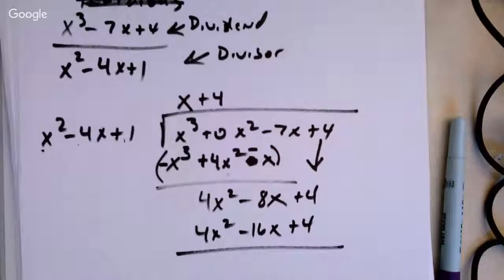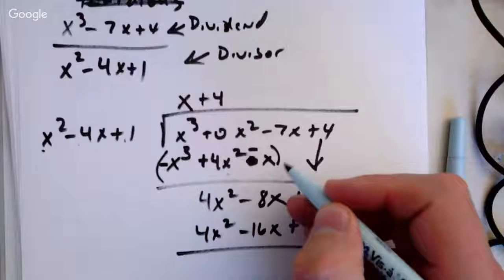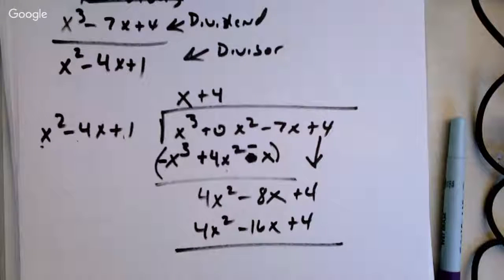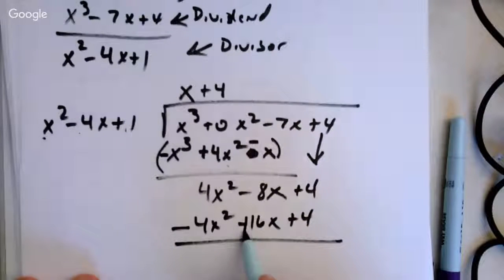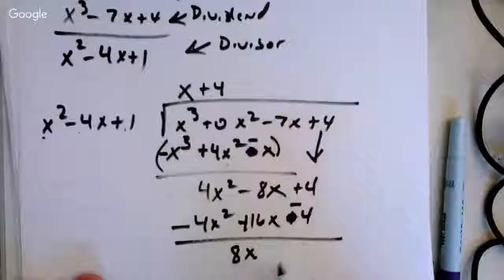Now, why do I hold the places? So that my like terms just fall nicely. Ooh, look how pretty that is. Fall nicely in line with each other. All right, subtract. That changes the operation of everything down here. 4x squared minus x squared. Yay, goodbye. Negative x squared plus 16 is 8x. And 4 minus 4 is 0.